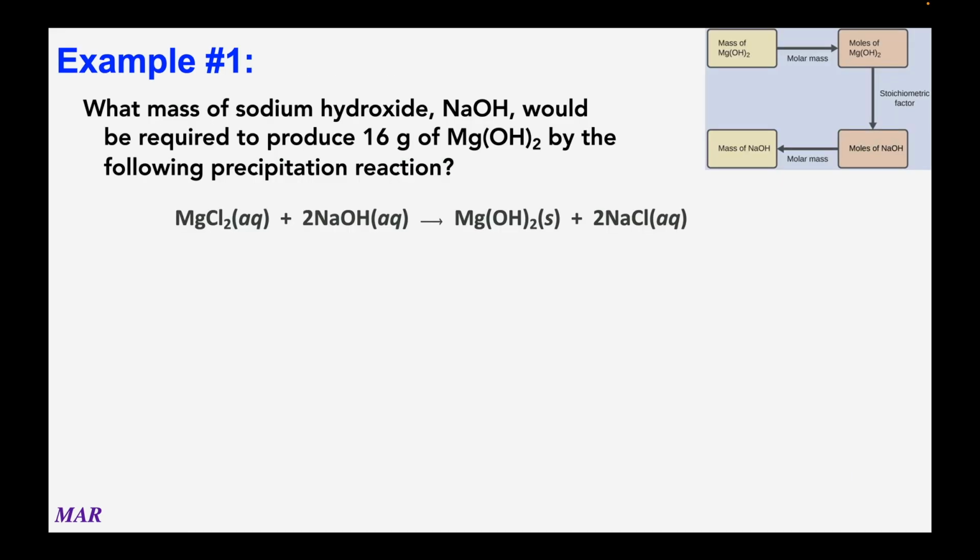So here's another kind of question you might see. It says, what mass of sodium hydroxide would be required to produce 16 grams of magnesium hydroxide by the following precipitation reaction? Okay, so this is another little thing we talked about in Chem 221 at the end. A precipitation reaction is a type of reaction where the like parts are trading places. So magnesium and sodium are both positive metals, cations.